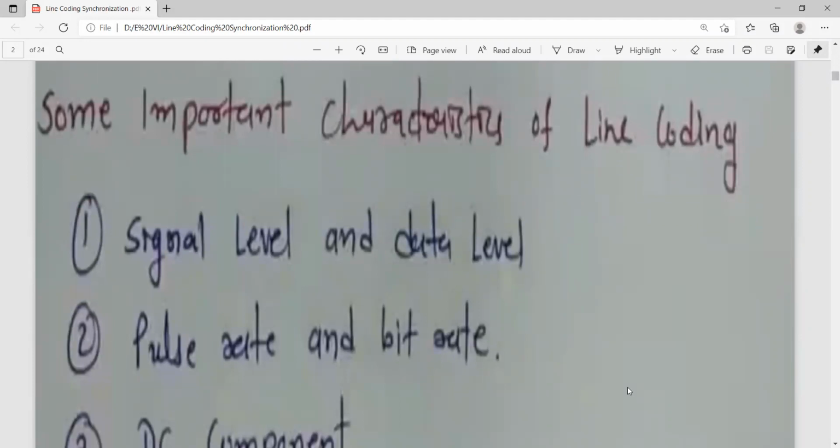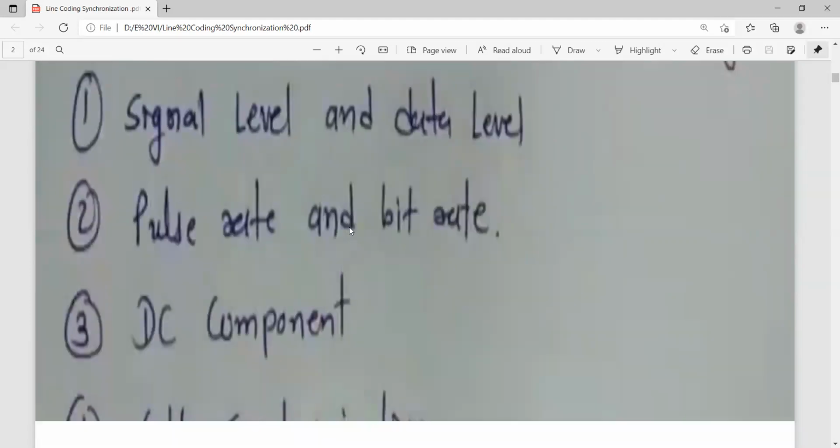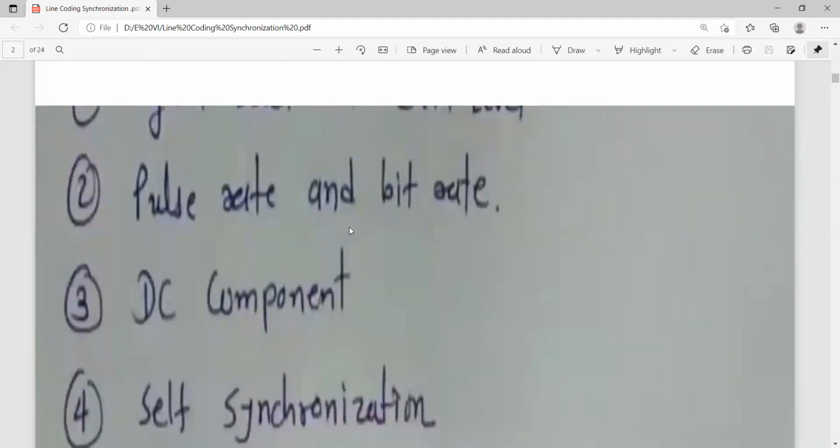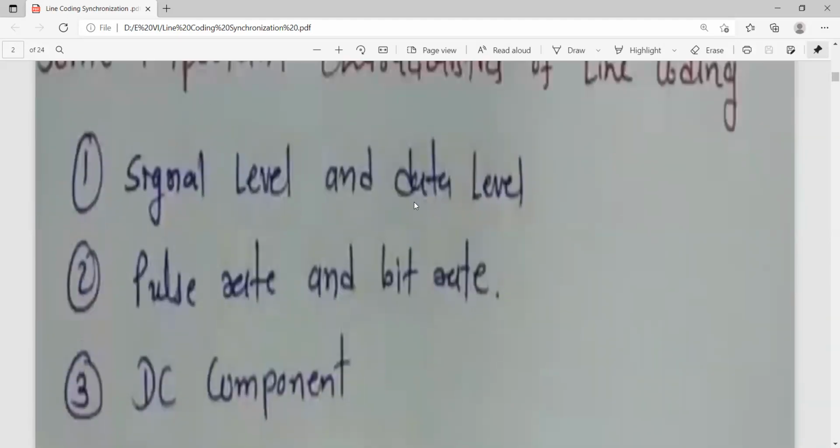Today we will discuss only the characteristics of line coding. Various types of techniques we will discuss in the next class. What are the different techniques? Return to zero, non-return to zero, Manchester, biphase, etc. Various coding techniques are there, and we will discuss all of them. Today we will discuss the 4 different characteristics of line coding.